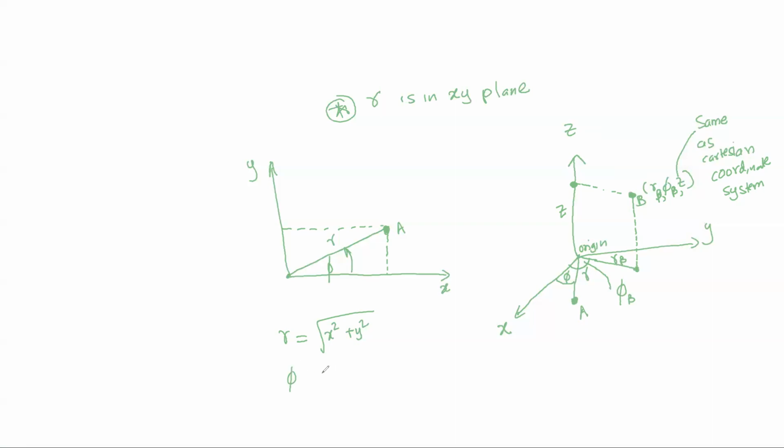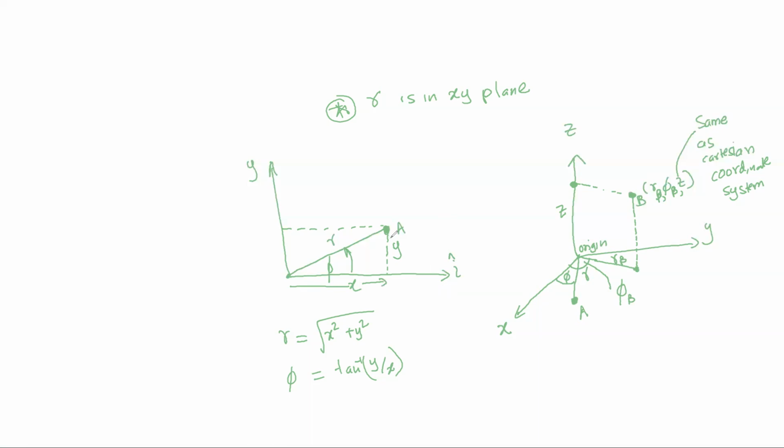Phi angle is also decided only using y and x. So tan inverse of y over x gives the angle that we are measuring from x to this point that we are considering, right? So this height is y, and this length is x. This is the x-axis, right? So I think I will erase it just to avoid any confusion. So this is the i hat direction.